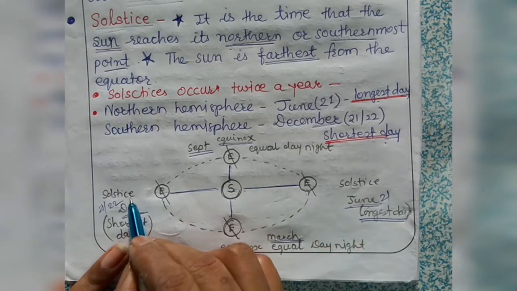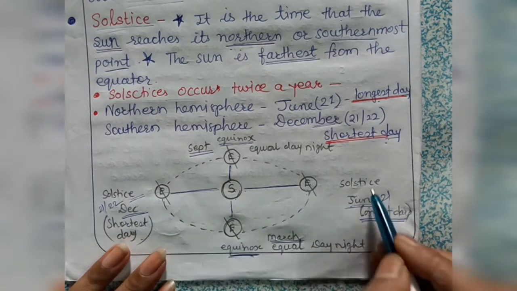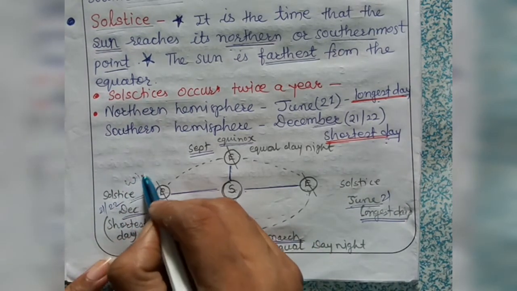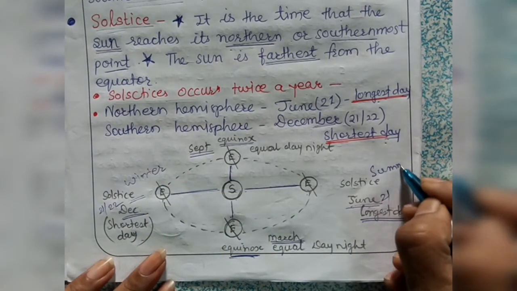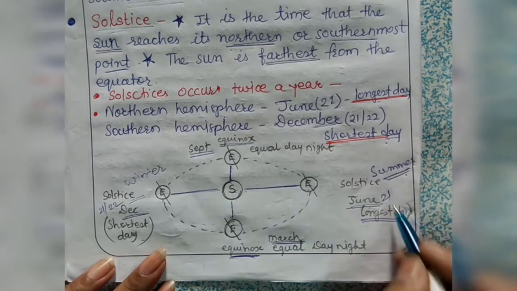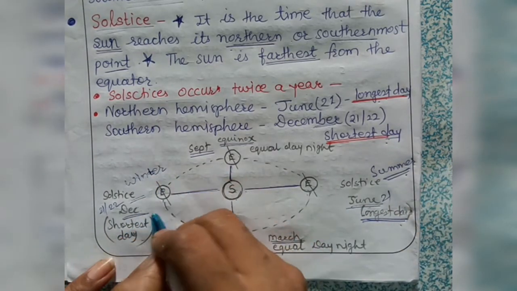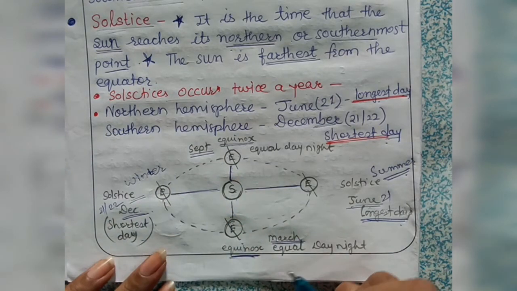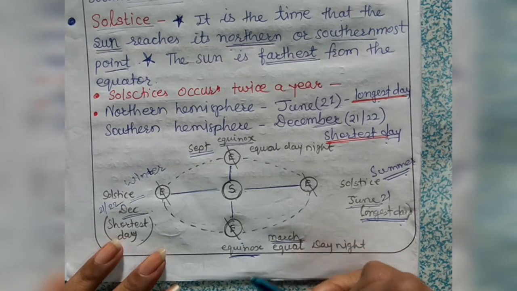Okay, so these are the two solstices. This is one and this is two. It occurs in winter and it occurs in the summer. It is summer, that's why the longest day is there. It is winter, that's why the shortest day is here. So this is all about equinox and the solstice.